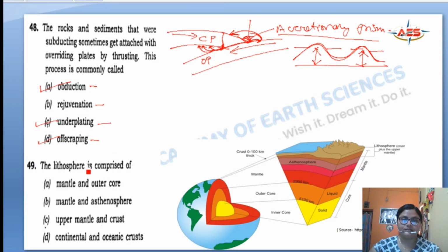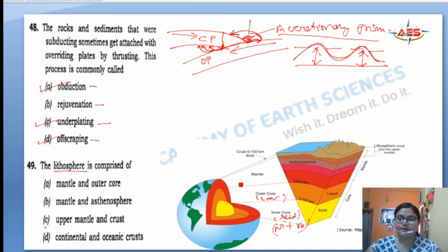The lithosphere is composed of what? यहाँ पे लिथोस्फीयर बोला गया है, किससे बनता है? मैंटल या फिर आउटर कोर? मैंटल एस्थिनोस्फीयर, अपर मैंटल एंड क्रस्ट, कॉन्टिनेंटल and oceanic crust. Okay, so what we have here is the division of the layers of the earth. We have the upper crust, then the mantle, outer core which is liquid, and the solid inner core made up of nickel and iron alloy.